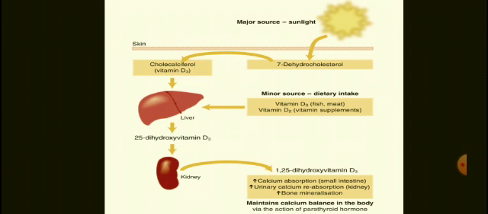So this is the active form of vitamin D, otherwise known as calcitriol. It increases calcium absorption in the small intestine, increases calcium reabsorption in the kidneys, and increases bone mineralization.